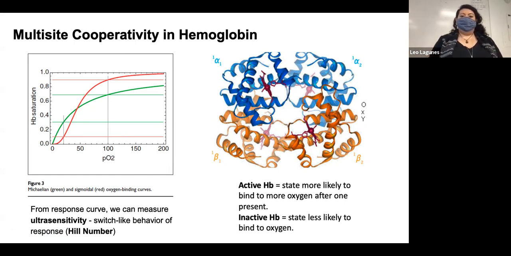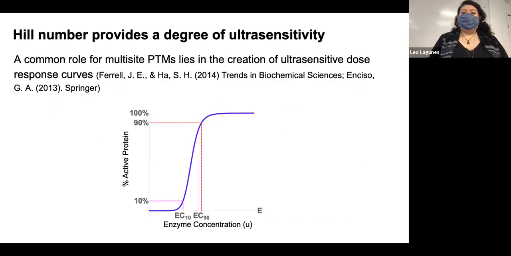And the Hill number is what we can use to measure ultrasensitivity. If you needed a number to tell you how ultrasensitive something is, we have the Hill number.